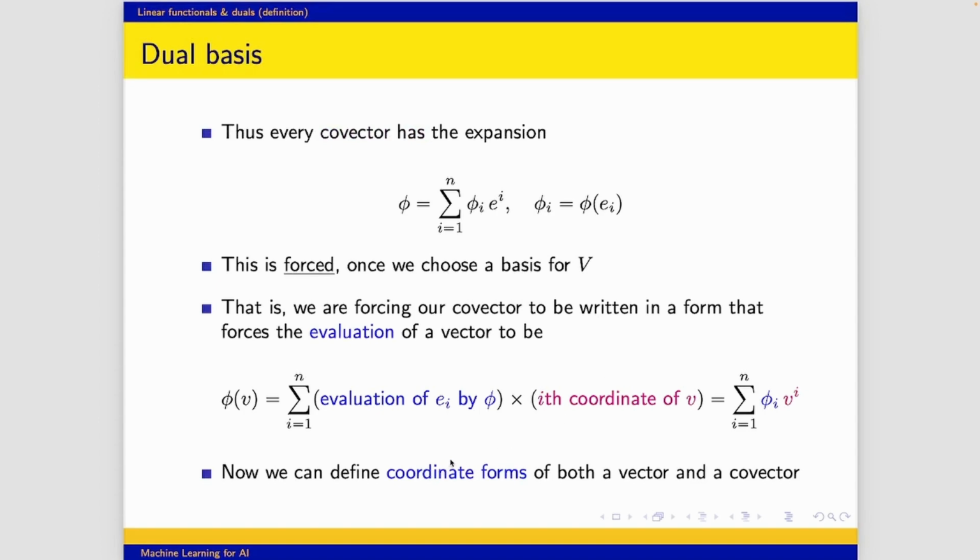So now we have, although I haven't actually stated it fully yet, coordinate forms for both the vector and our covector, because we have forced a basis for the dual space. For the vector, we've already defined this. But for the dual space, we've now forced a basis, and we've got coefficients in that basis, namely these. So we've written an arbitrary covector as a linear combination of these basis vectors, with these coefficients.